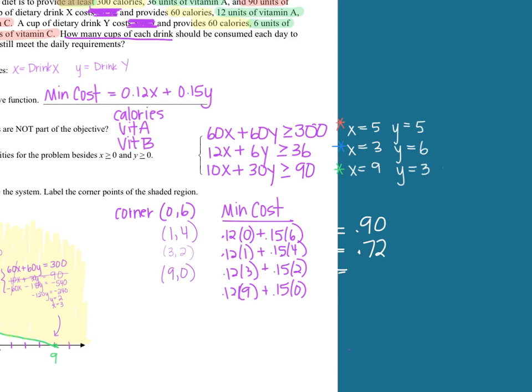For the third one, when we multiply and add, we get, oh no, 66 cents, excuse me. And for the last one, we get $1.08. Remember, we want this time the minimum cost. And so we recognize that the minimum cost occurs in the option of 3 and 2.